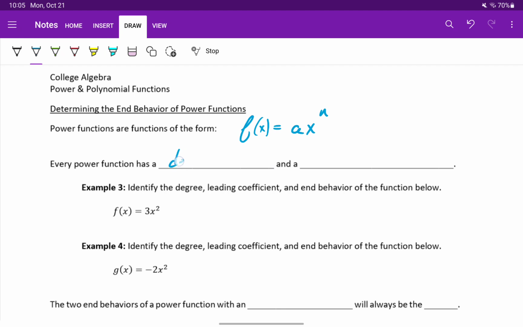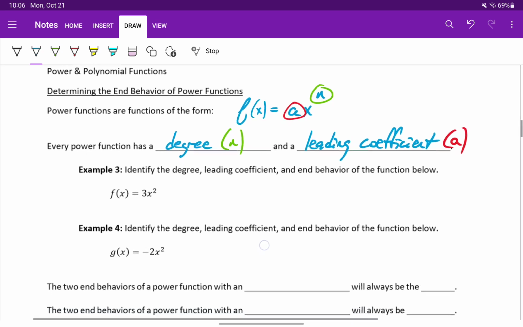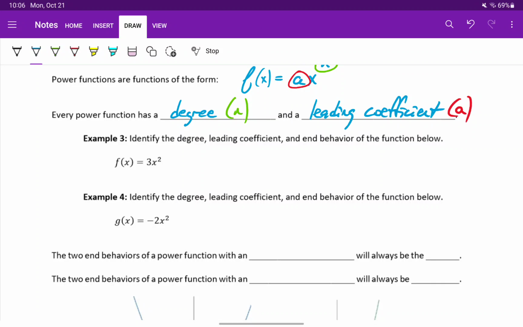Every power function has a degree, which is the power that x is raised to, that value n, and a leading coefficient, which is the value a, that number being multiplied out in front. What we need to do is look at both a and n to determine the behavior of our function, the end behavior.